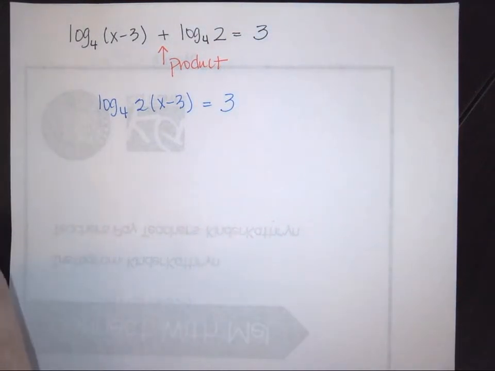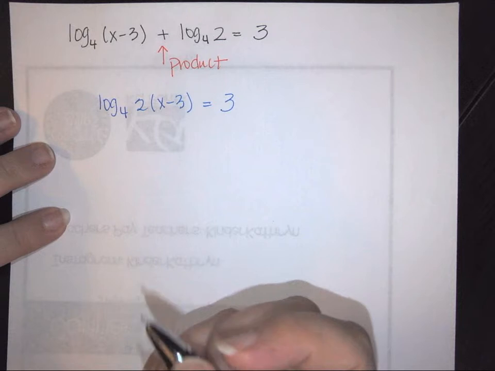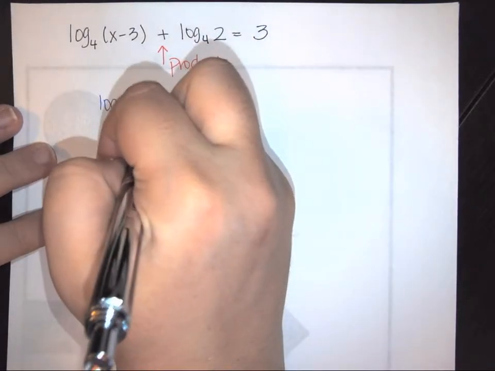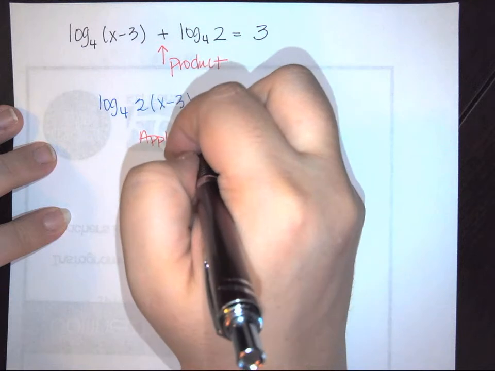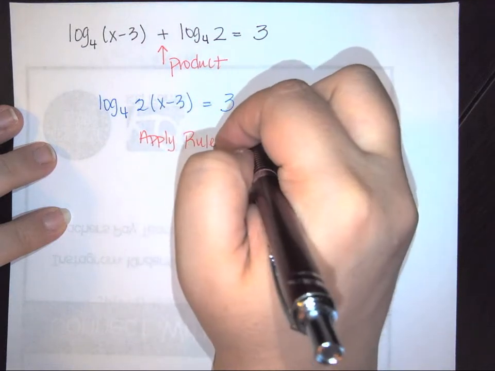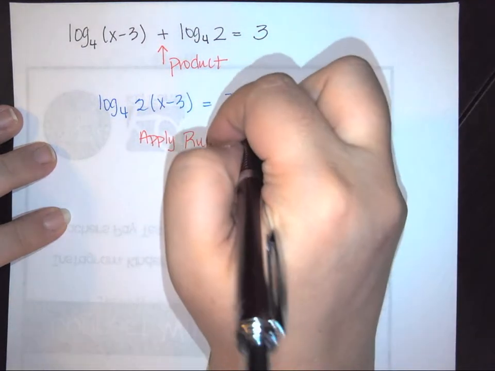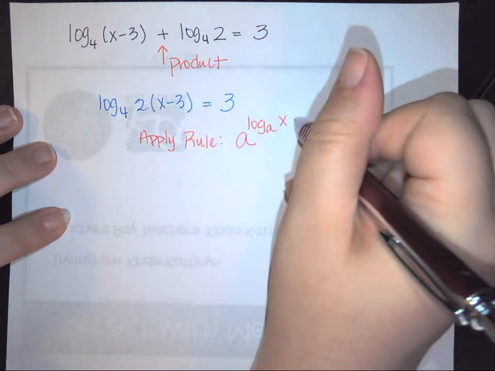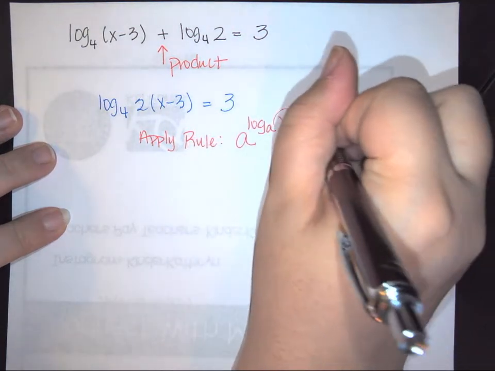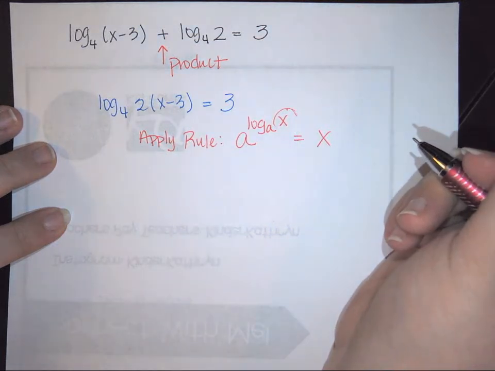Then I'm going to use an exponential rule. So I want to apply the rule that says if I make my exponential base and my log base the same, then whatever I was evaluating by spits out as the result.